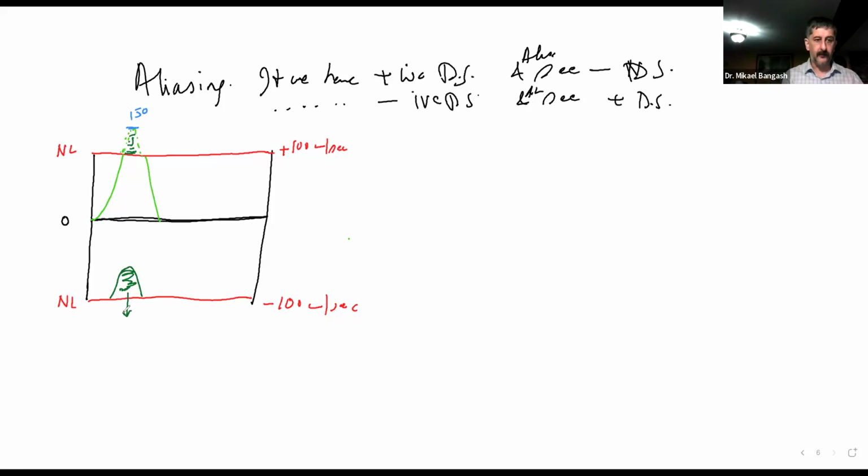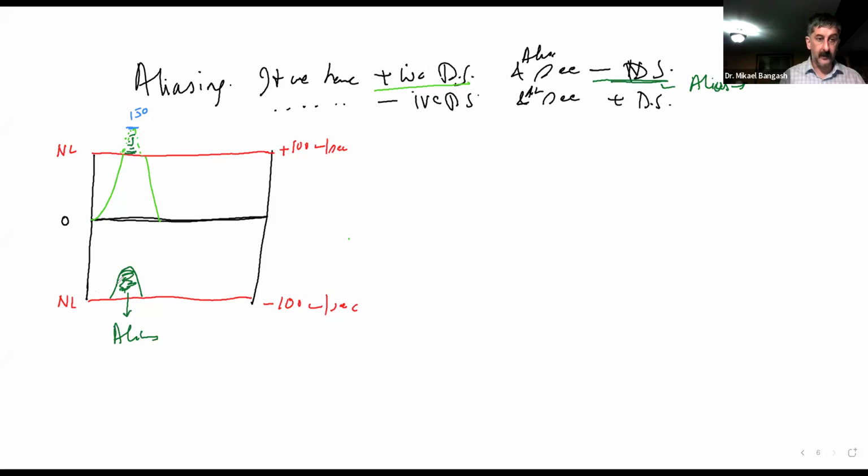Because we had a positive Doppler shift, but we also see the negative Doppler shift, and this is where we will have our aliasing. Please keep in mind, guys, that your aliasing is going to appear down here by your negative Nyquist limit. It's going to appear up like this.